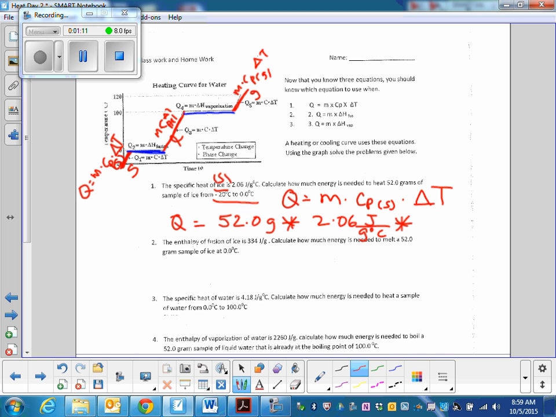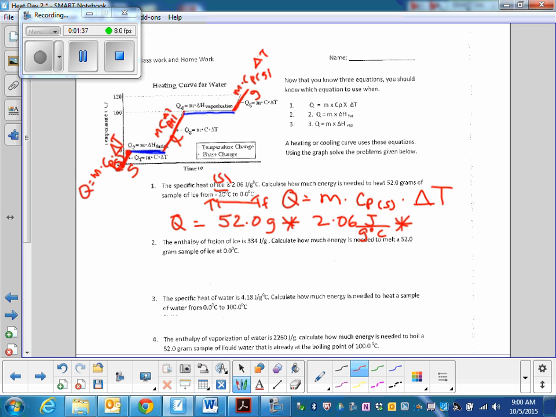Now let's pay very careful attention to the temperature. 0 is my T final, and negative 20 is my T initial. The beginning temperature is negative 20 and it goes to 0 degrees Celsius. Do you all agree?